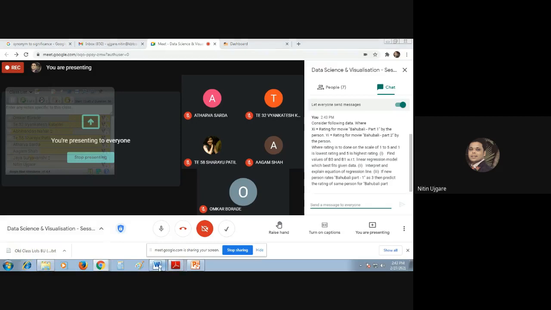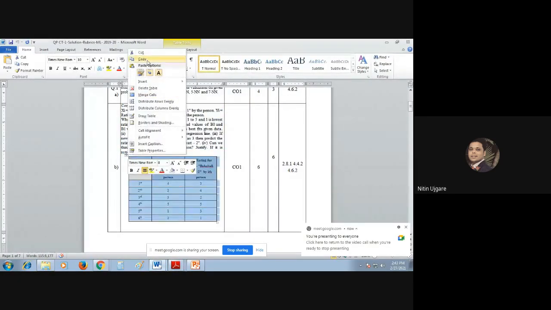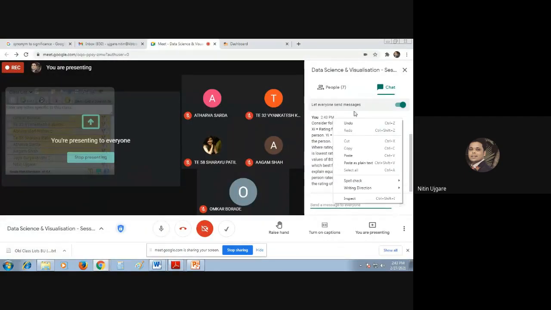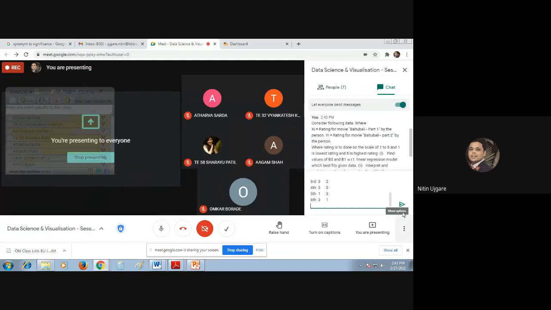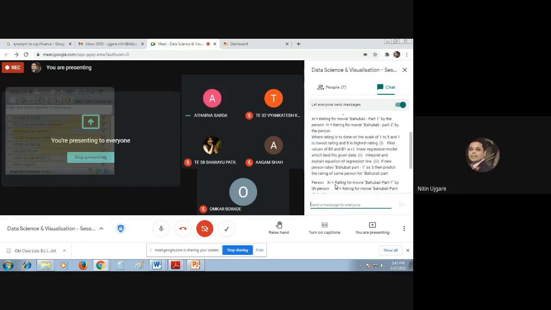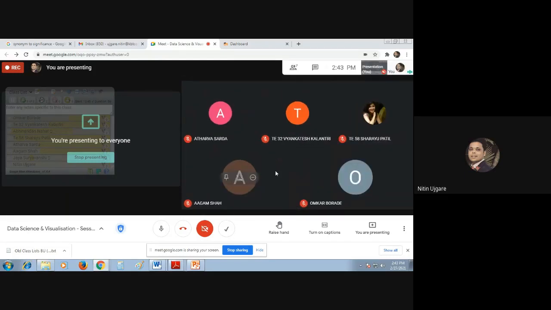I will share the data set with you. Can I paste the table? Sir, can you please share this in the WhatsApp group? Okay, that is a good idea. It is not properly visible here. Anyway, just ignore it. I will share the PDF on our group. No problem. Thank you so much.